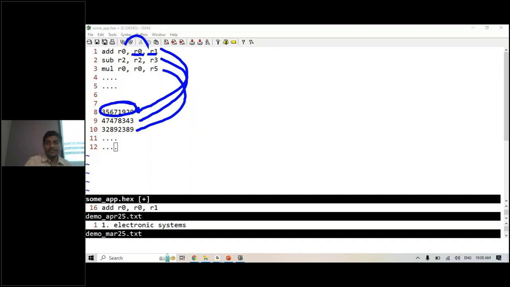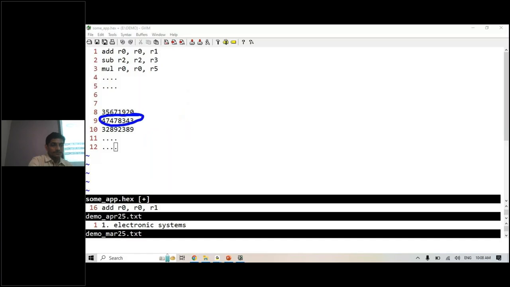By looking at the second opcode, this is called what? Hexadecimal code. Are you familiar with hexadecimal radix format? One nibble, one thing you see, is how many bits? 4 bits. One hexadecimal character you see here is 4 bits. So totally how many bits is it? Each one is 32 bits.